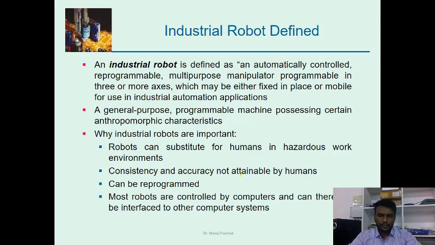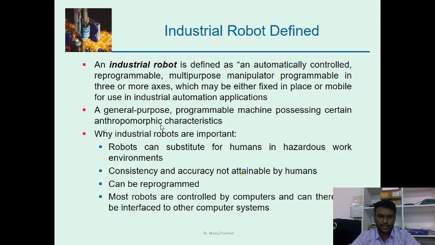To copy these similar kinds of motions, a robot was invented. So in general terms, a robot is a programmable machine that possesses certain anthropomorphic characteristics. Here the word anthropomorphic means human-like. So it has human-like ability or human-like characteristics.